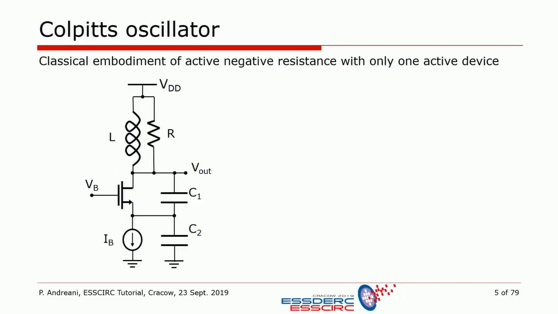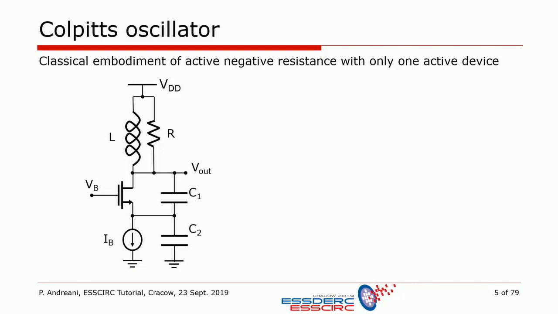So how do we implement now this minus R active? There are a number of ways, and one which is very popular, has been at least very popular, and for reasons that I do not totally fathom, is still quite popular in the millimeter wave field, is the so-called Colpitts oscillator.